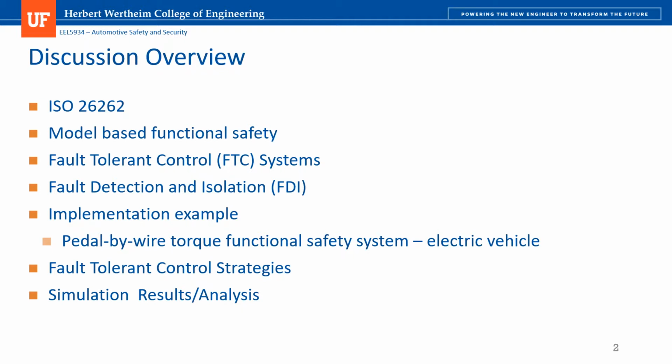The basic principles for this example can be applied to any powertrain type. Electric vehicle is just chosen here as an example, but this could also be applied to a gas engine or gas vehicle. We'll also look into some solutions for fault-tolerant control strategies, and there are simulation results and analysis of this research, so we will also cover some of that in detail.